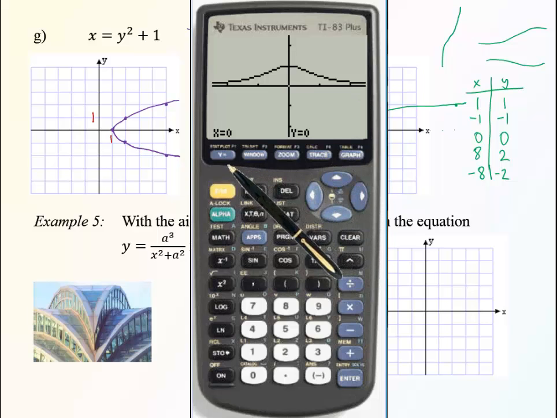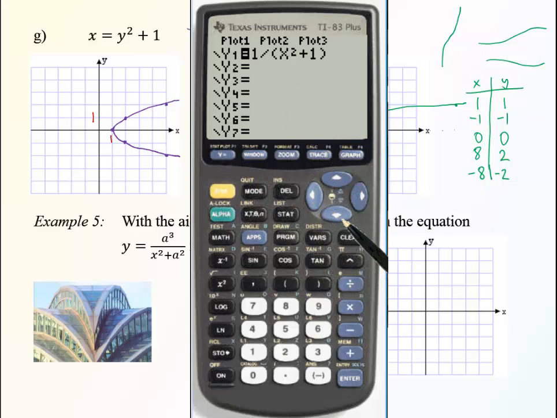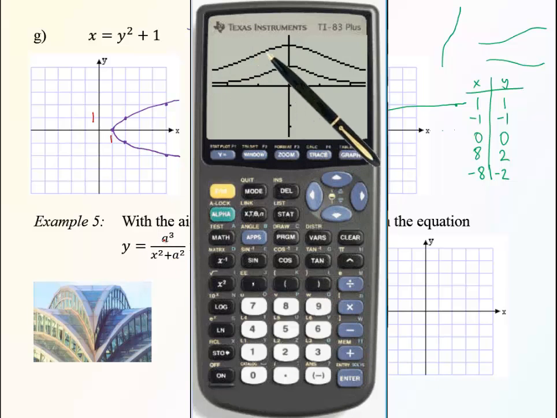Now let's try a equals 2. Under the second function, 2 cubed, which is 8, or maybe let's just write down 2 cubed for now. 2 to the 3 divided by bracket x squared plus 2 squared bracket, and graph both of them. So that was the first one. The a equals 2 gives you a little bit higher graph.